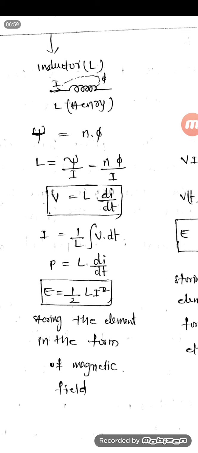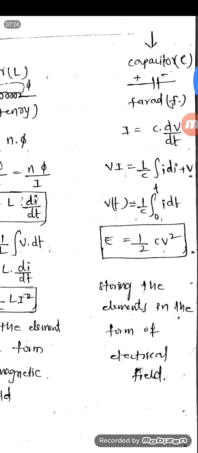So compare this inductor with your sister. Here also the inductor is storing energy in the form of magnetic field. This is very important. You have to remember, inductor has the property of storing energy in the form of magnetic field. This is the second element.